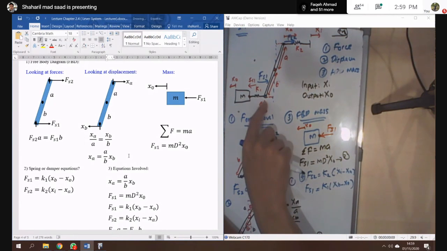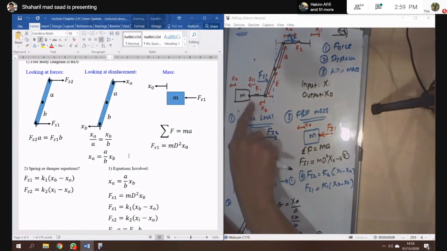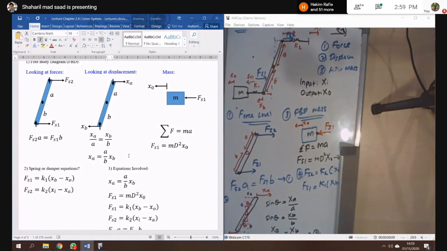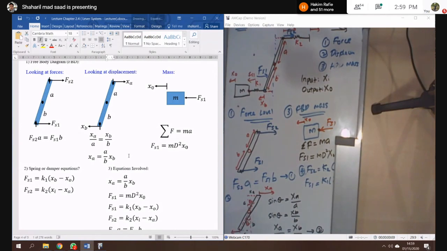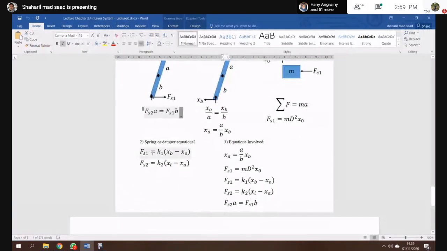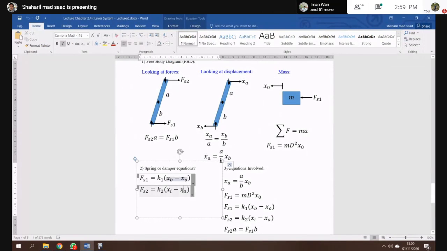Because the input to the spring is XB, the displacement of the spring is XB minus X naught. Then you can get number 1, 2, 3, 4, and 5. So there are 5 equations from this system.